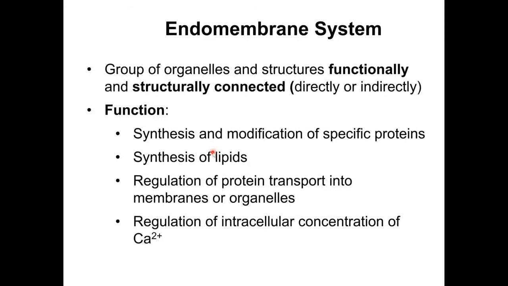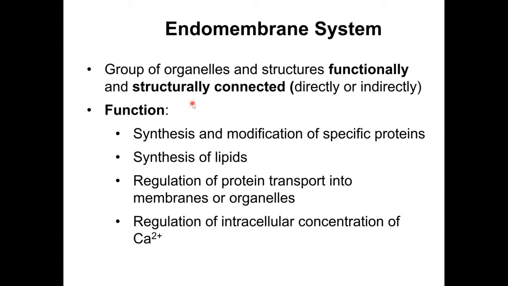Moving on to the organelles. That's a very unique feature of all eukaryotic cells. All eukaryotic cells have organelles, which can or might not be connected functionally and structurally. Now, there is a group of organelles and structures which are connected with each other, which form what is called the endomembrane system.